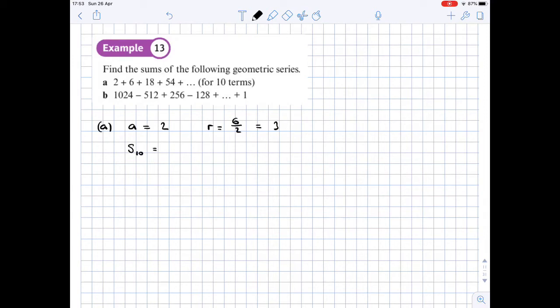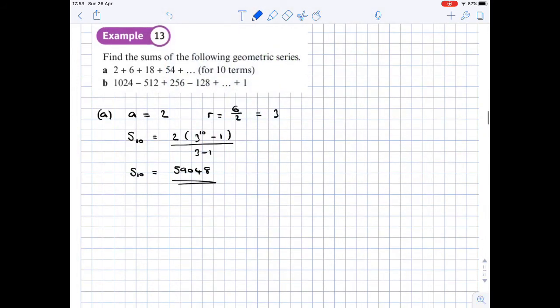So using our formula from above, we know a is 2. Now we want the common ratio, which is 3 to the power of 10 minus 1 divided by 3 minus 1. So on our calculators, quickly doing this, gives us an answer of 59048.